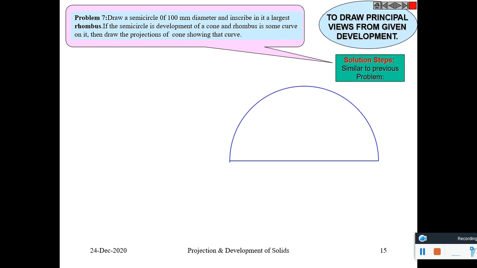So first of all, draw the semicircle and inscribe the largest rhombus in it. Divide it into 8 equal parts.